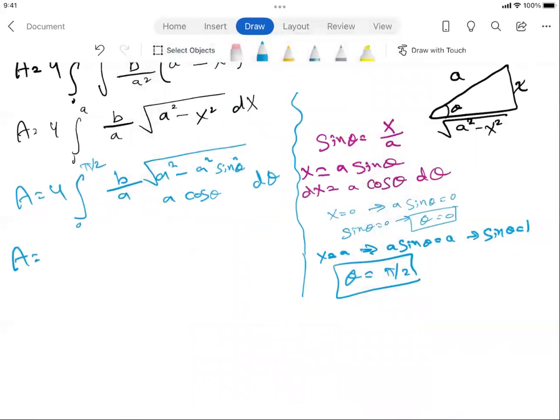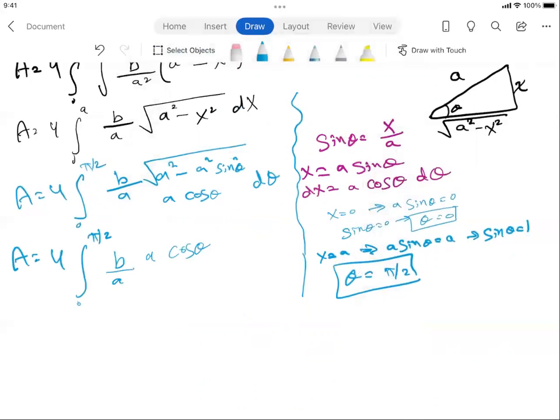Then I would have the integral from 0 to pi over 2 of b over a. I can factor a outside, then this one will be 1 minus sine square of theta, which is cosine square of theta, and underneath the square root is simply cosine of theta.